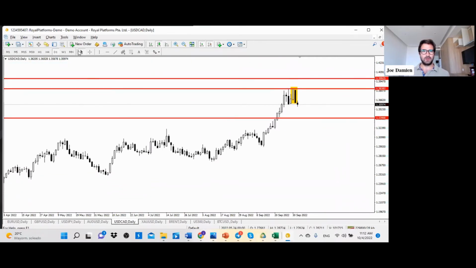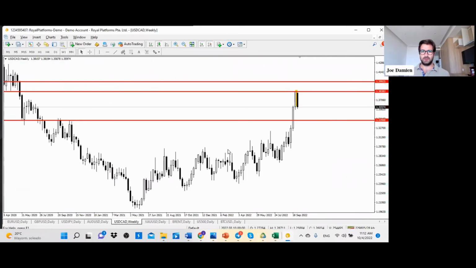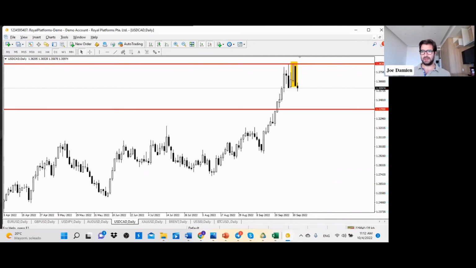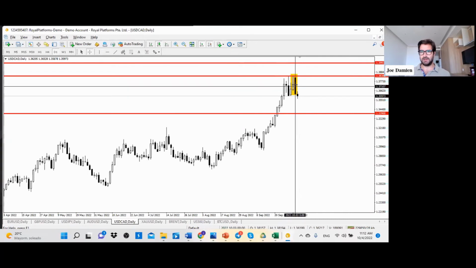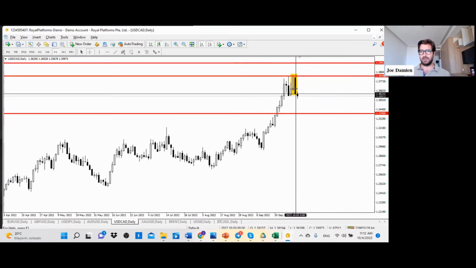USD CAD, we have on the higher time frame a huge move to the upside, an aggressive one, especially the last 3 weekly bars. However, on the daily time frame, the market posted an engulfing bearish pattern. This is an engulfing bearish pattern highlighted in yellow.